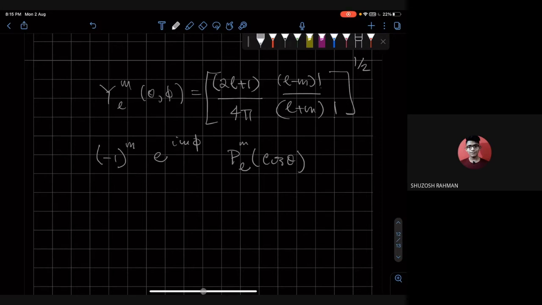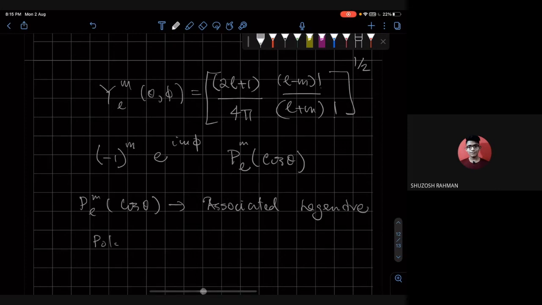Okay, I'll come back to you. Now, these P_L^M, they are called the associated Legendre polynomials.